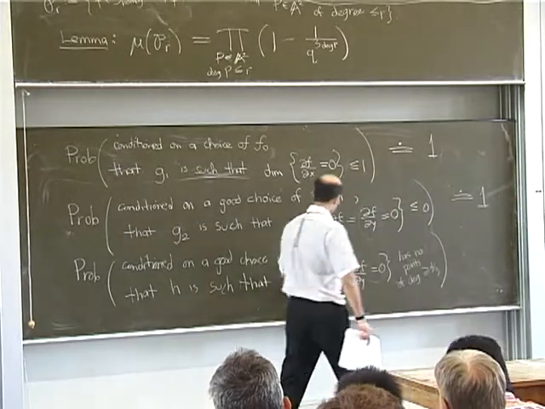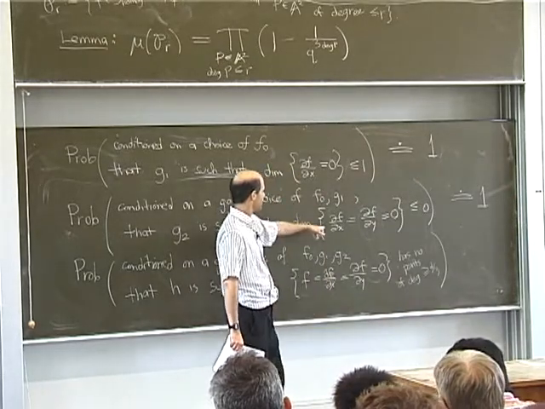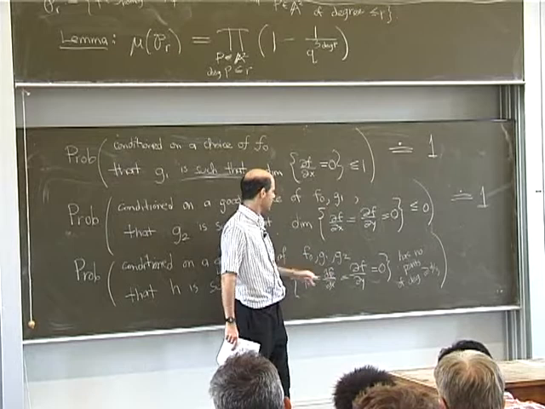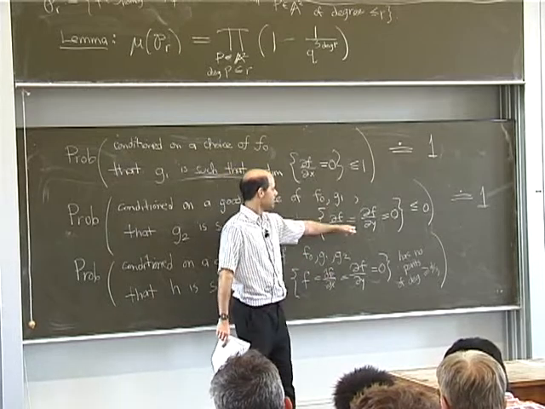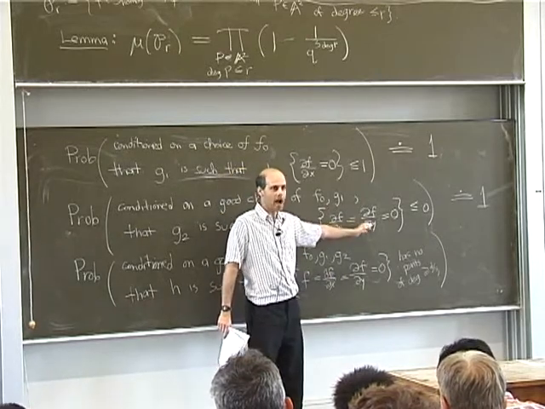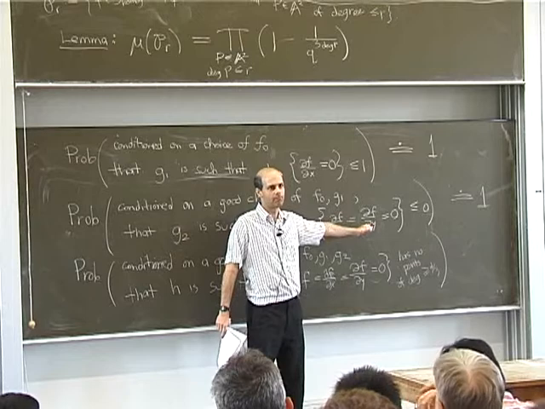Now you can use the same kind of argument. Because it's been good so far, this set is going to be a finite set of points, and I can bound the number of points here by Bézout's theorem.